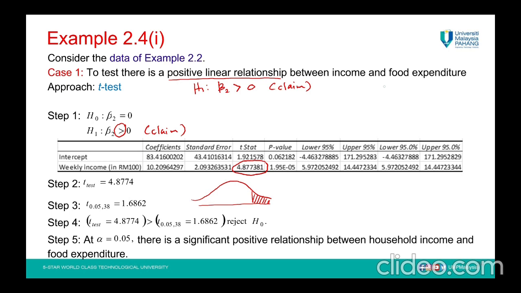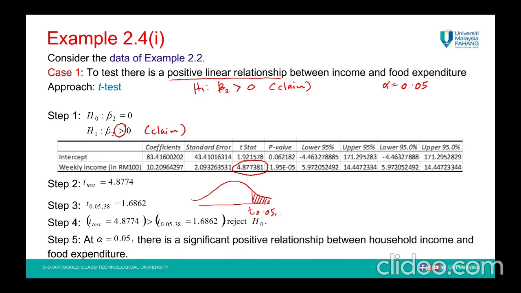For this question, alpha is not given, and since alpha is not given, we need to use the standard alpha, that is 0.05. So the t critical value is t 0.05 with the degrees of freedom. When we work with the t distribution, we need to consider the degrees of freedom. For this test, the degrees of freedom is n minus 2 for the regression test.